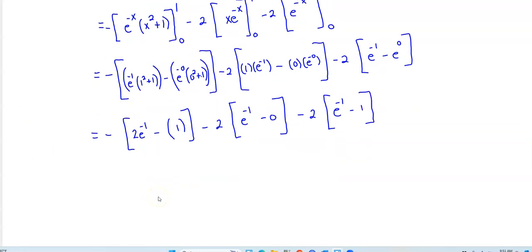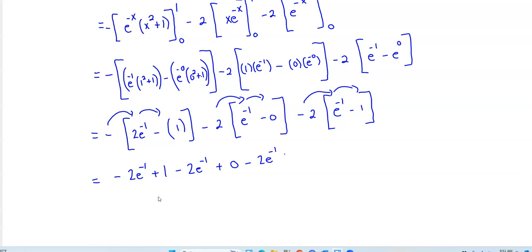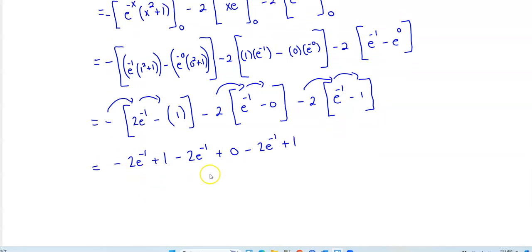Now let's go ahead and distribute. So I'm going to distribute the sign. So we have negative 2e to the negative 1 plus 1. And over here we distribute. We have negative 2e to the negative 1 plus 0. And then distribute there. We get negative 2e to the negative 1 plus 1. And let me correct that.